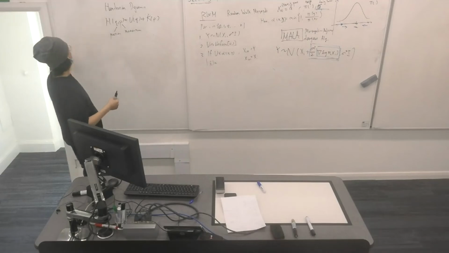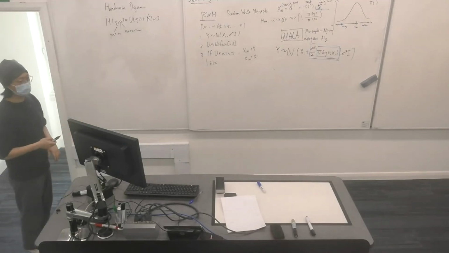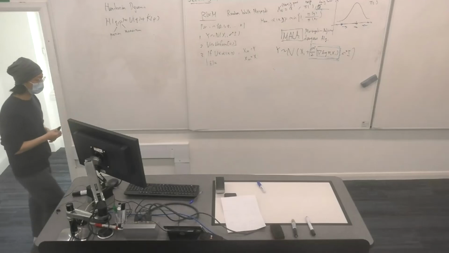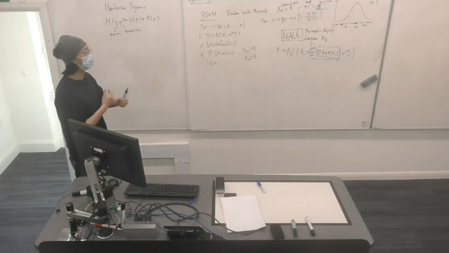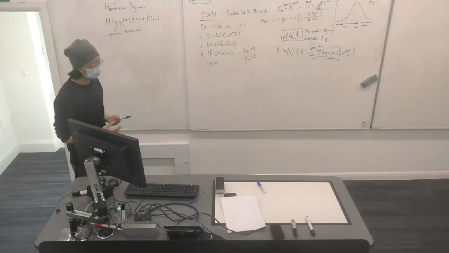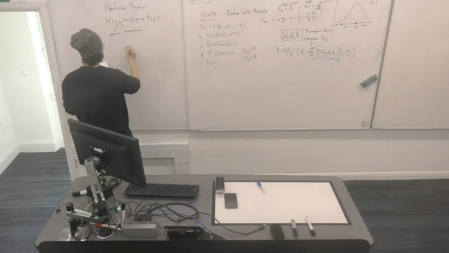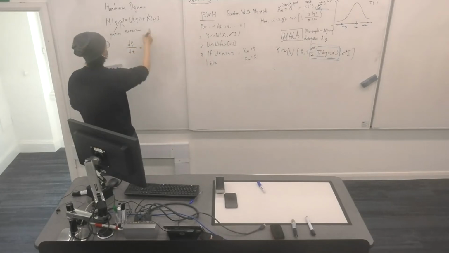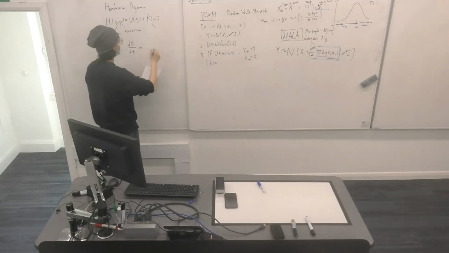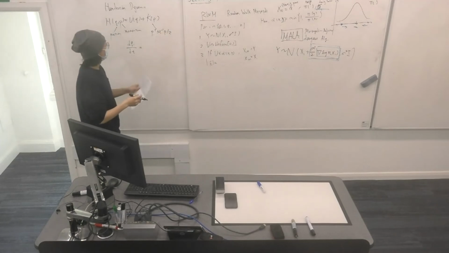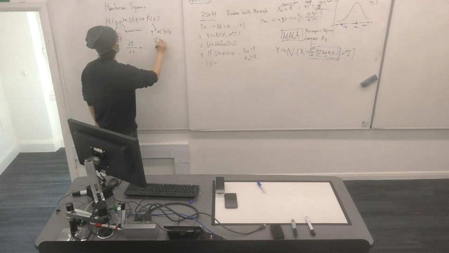Now, the Hamiltonian dynamics has these things called the Hamiltonian equations, which indicate to us how this system develops. How do Q and P change? Now we have this system of equations. Here we assume this is the standard kinetic energy, which is half MV squared.